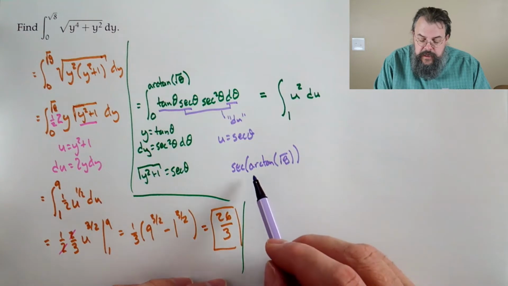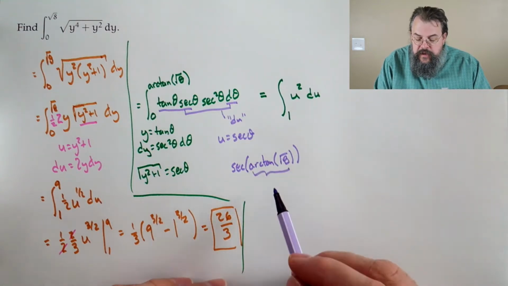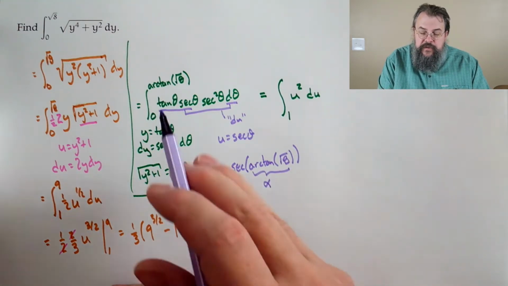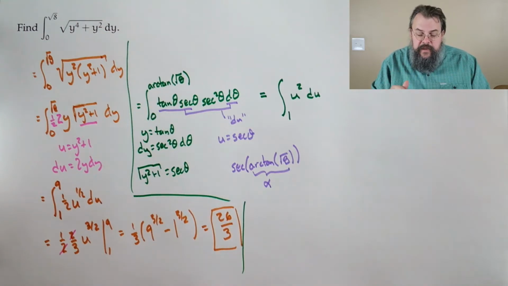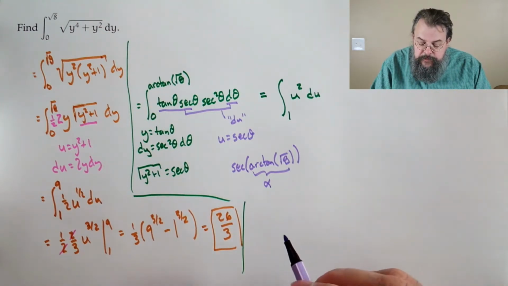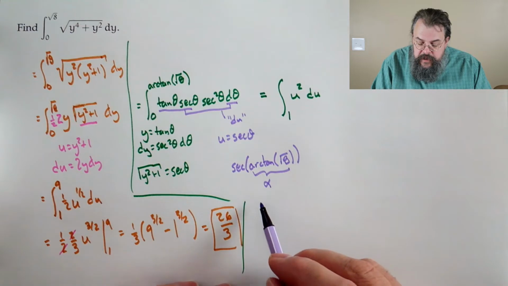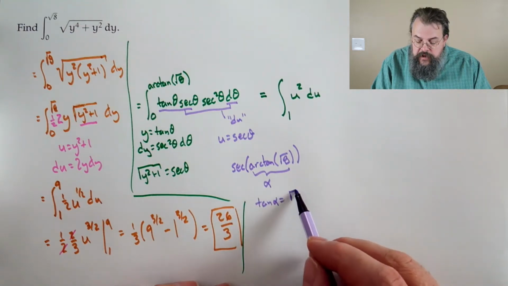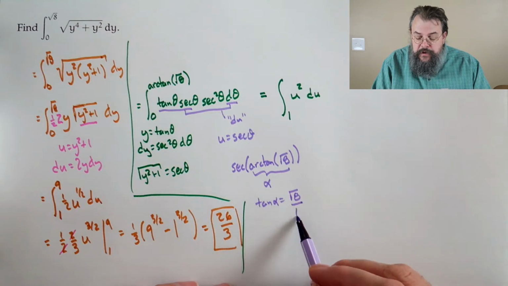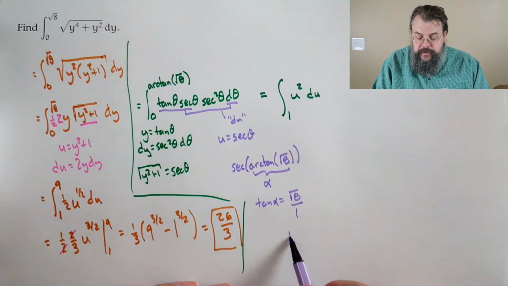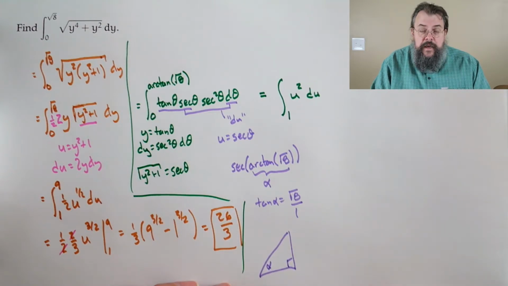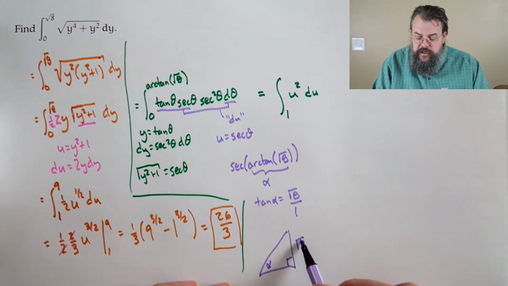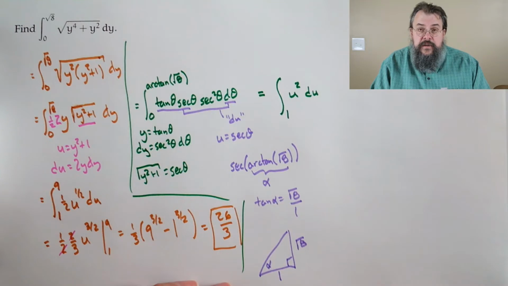So, for a second, let's just say this is an angle. We've already used theta, so I'll call it a slightly different name, alpha. And I say, okay, tangent of alpha is root 8, that's how we picked it, or root 8 over 1. So, draw a right triangle, and tangent is opposite over adjacent.